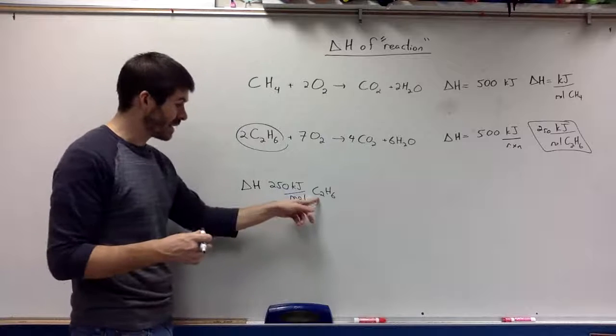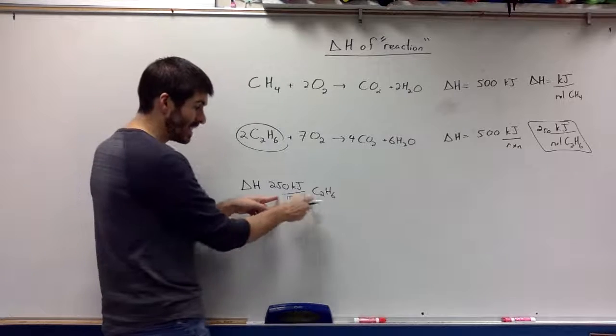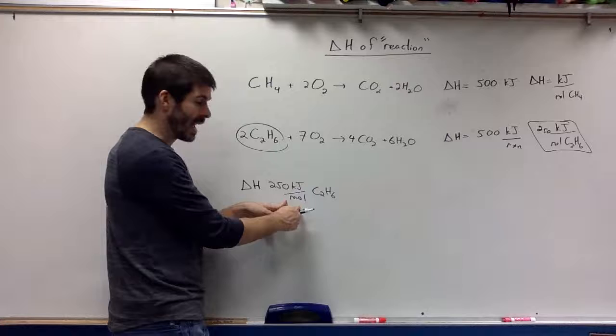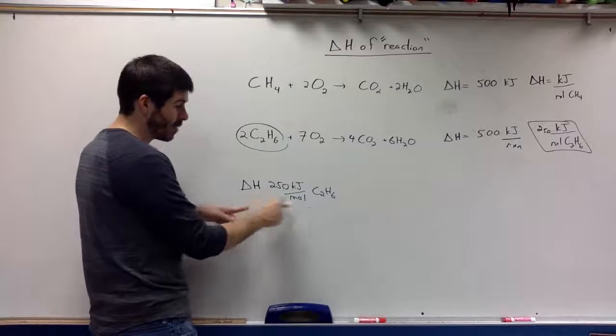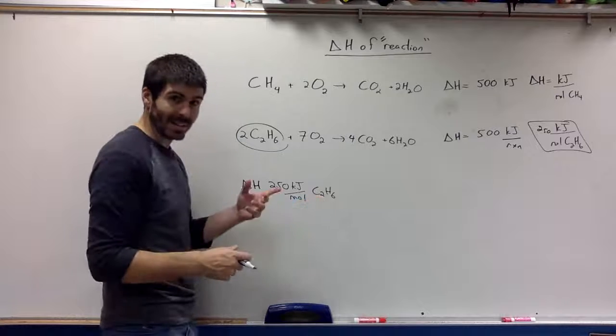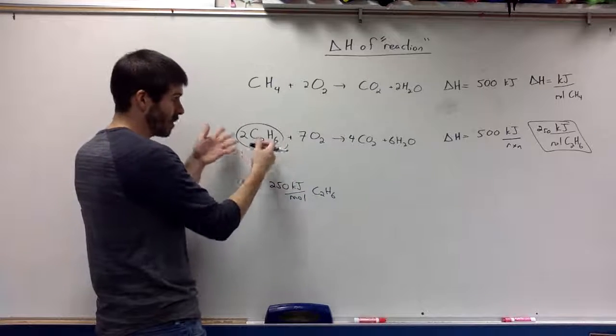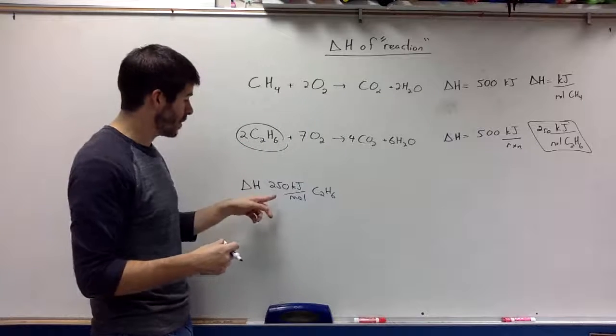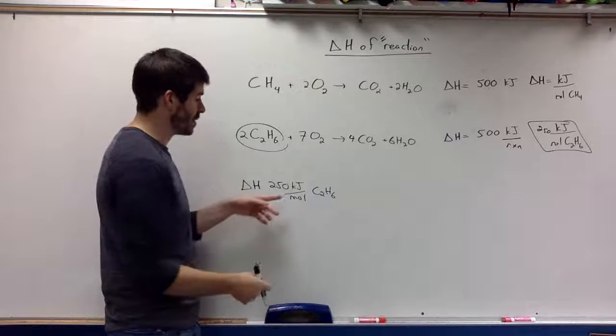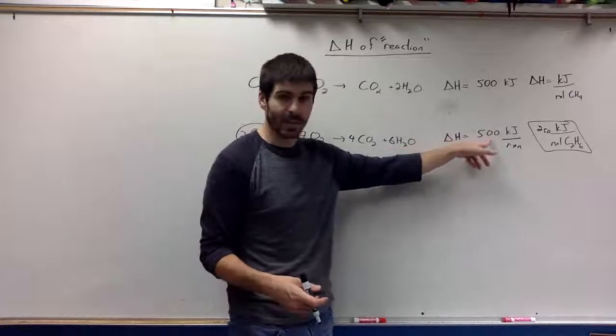Well, then you'd actually have to consider the balanced equation, because this is labeled not for the full reaction, but just for one of your substances. So anytime you get an enthalpy of one of the substances by itself, unless there's a coefficient of 1 in the equation, you have to account for that coefficient in order to say, okay, let's actually balance this equation and get that the reaction is 500.